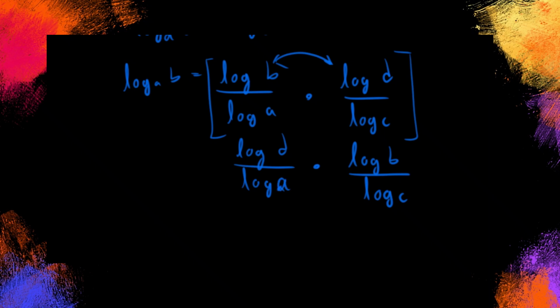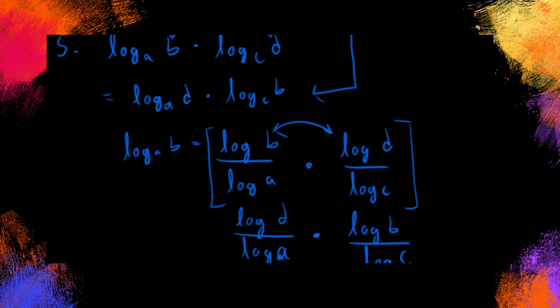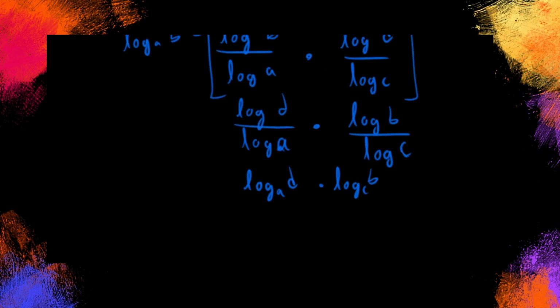Oops, sorry, these are the arguments and not the bases, so I will clarify that. Once we simplify these back down using that rule, we get log d base a times log b base c. So essentially we have proven that this rule holds using another rule that we learned about.